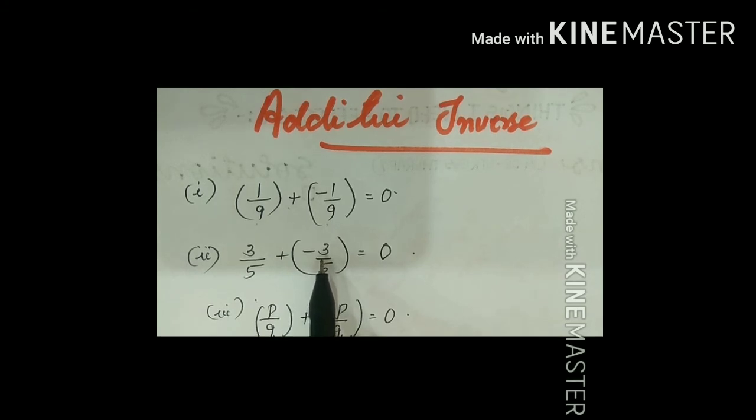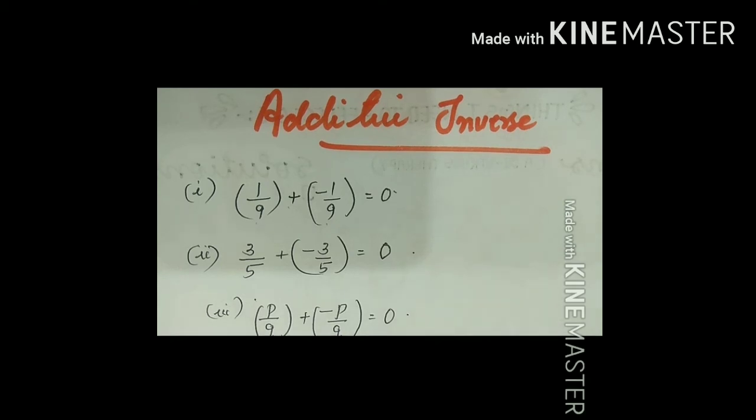That means minus 3 by 5 is the additive inverse of 3 by 5. Generally we can say that if there is a rational number p by q, it will have an additive inverse which is minus p by q, so that their sum, p by q plus minus p by q, is equal to 0.